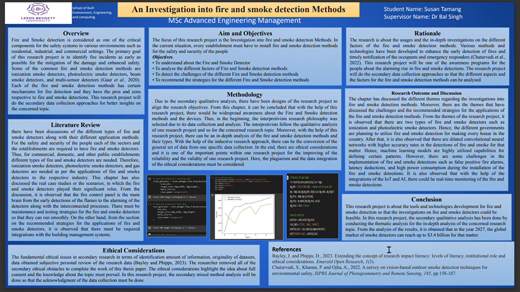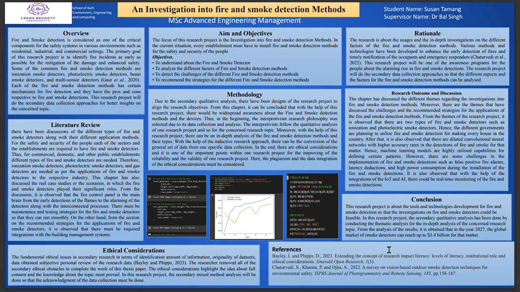In this research, there have been discussions of the different types of fire and smoke detectors along with their different application methods. For the safety and security of people, each of the sectors and establishments is required to have fire and smoke detectors.